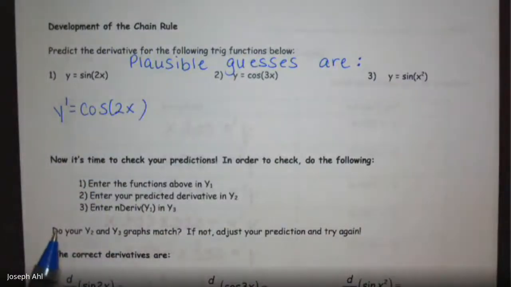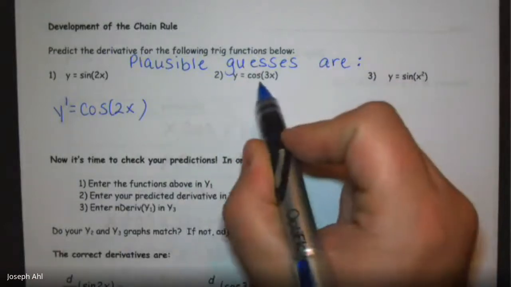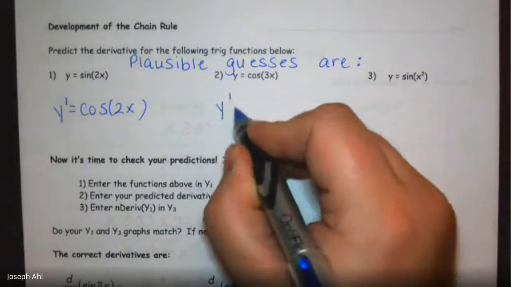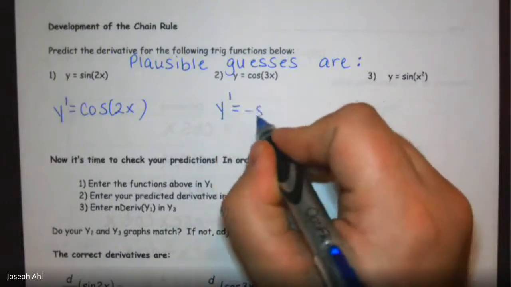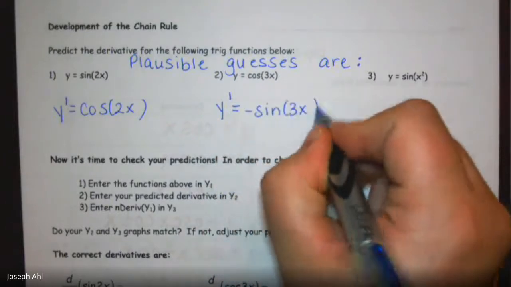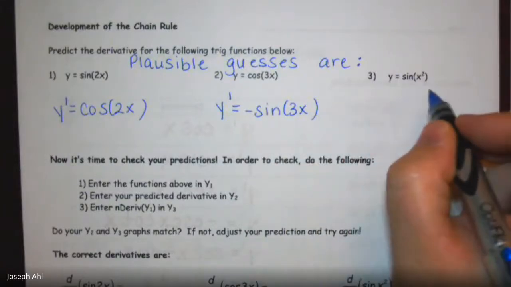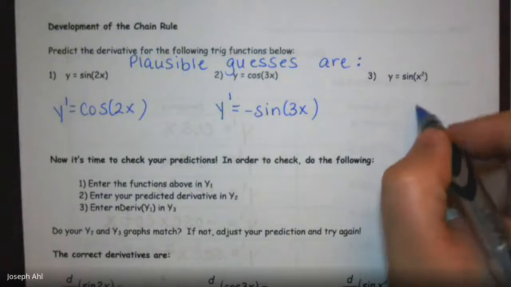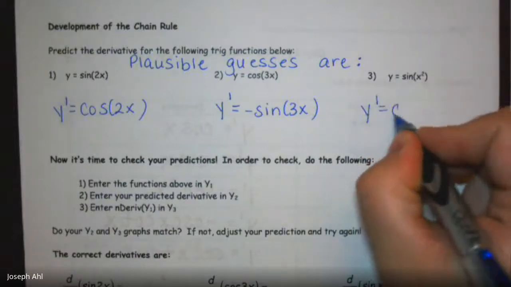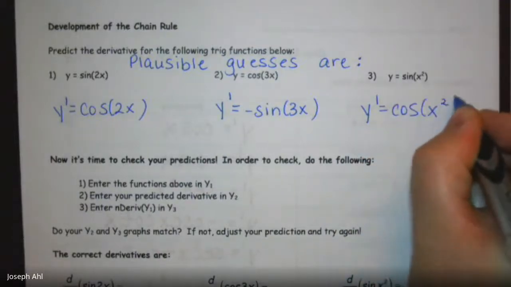So for sine of 2x, the derivative there would be cos of 2x. Similarly, if the derivative of cos is negative sine, here y prime would be negative sine of 3x. And then finally, for y equals sine of x squared, we might think, oh yeah, sine's derivative is cos, so therefore this would be cos of x squared.